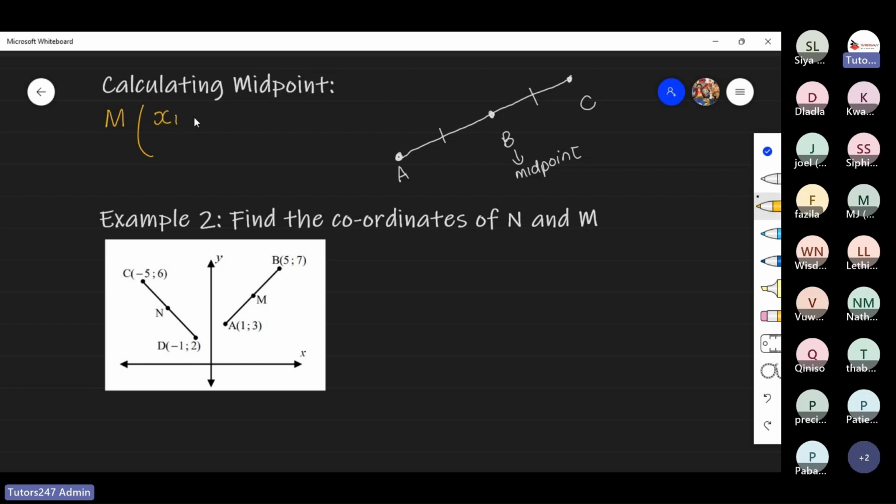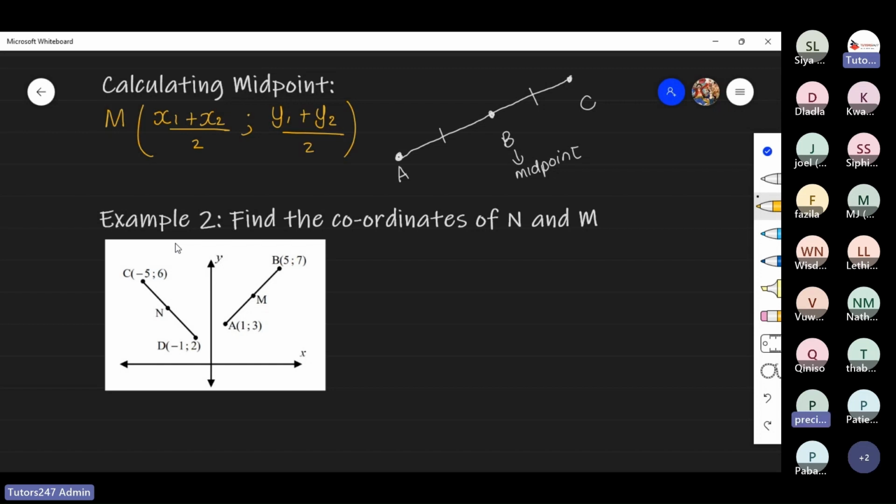So that's going to be x1 plus x2 all over 2, semicolon, y1 plus y2 all over 2, and close the bracket. So in order for you to find the midpoint between 2 points, all you need to do is add the two x values, divide by 2. Add the two y values, and then divide by 2.